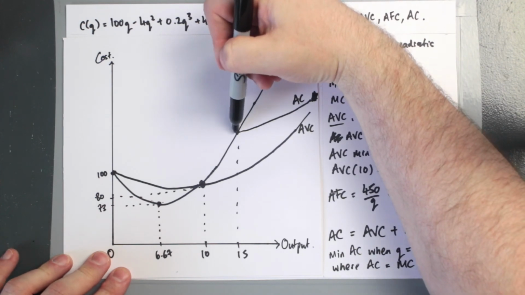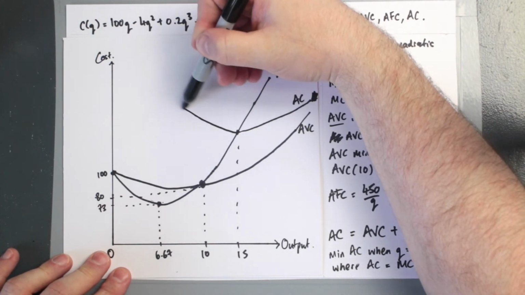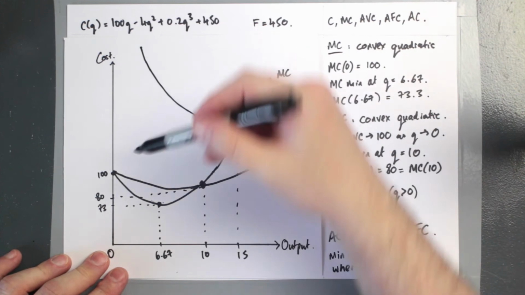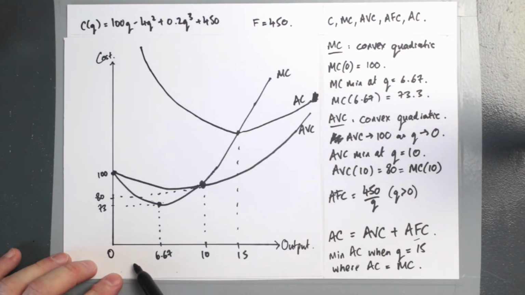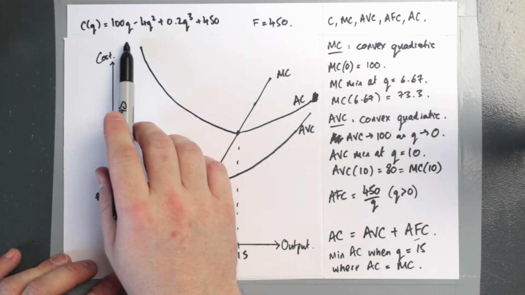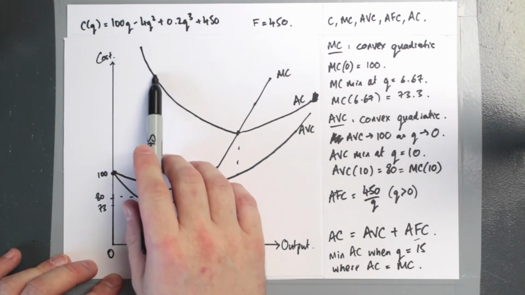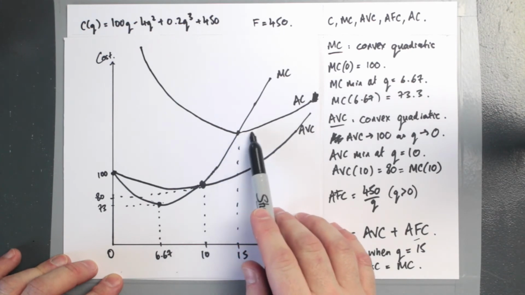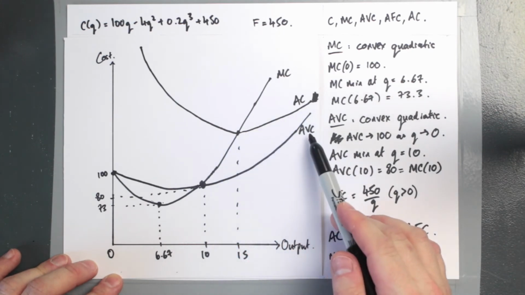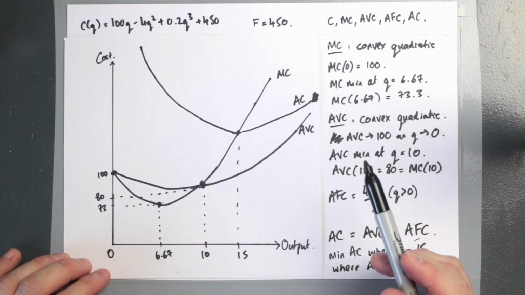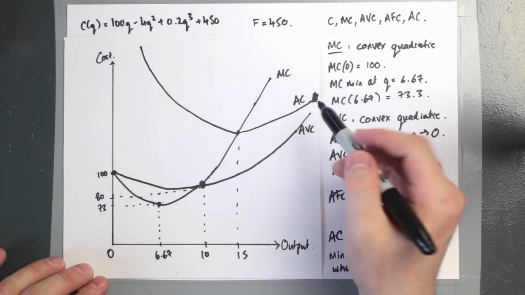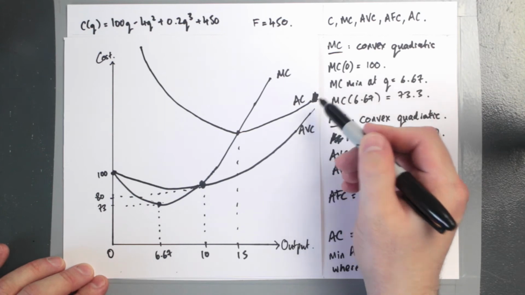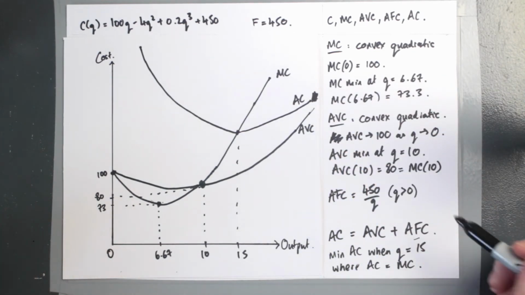But here it was increasing and then it becomes enormous as output becomes very small. Okay. So average total cost starts off enormous, decreases until it just touches the marginal cost curve. Then it starts increasing and getting closer and closer to the average variable cost curve, never quite touching it. Okay, but it's going to get closer and closer asymptotically.